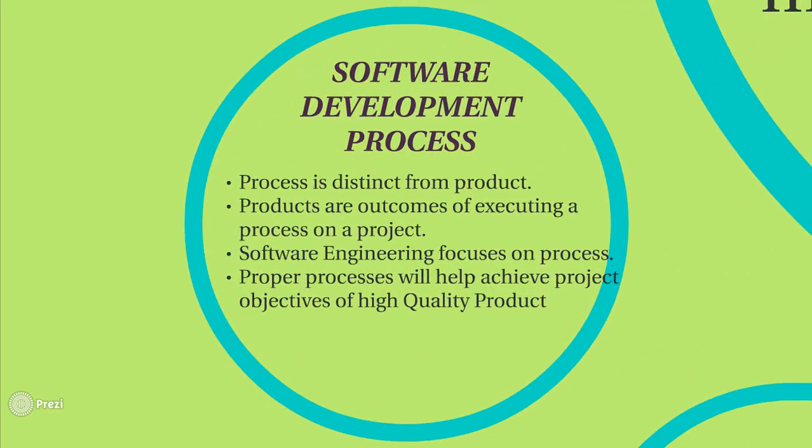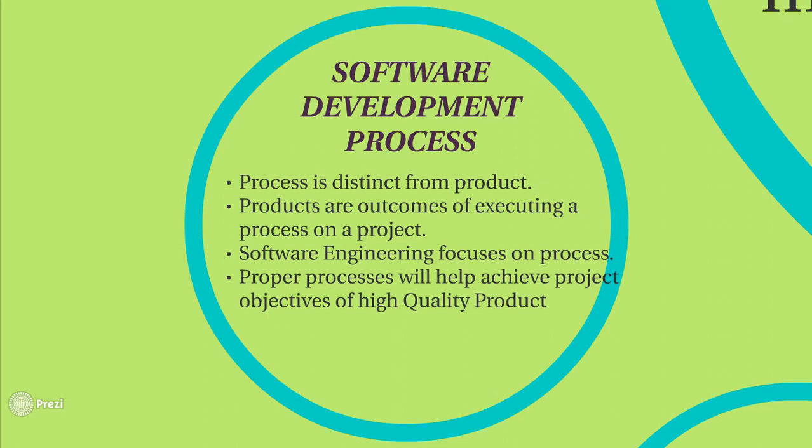Now I would like to discuss the software development process. We must look at a process as different from a product. It's a development process, whatever steps we need to apply, which results in a product, and the products are outcomes of executing a process on a project.